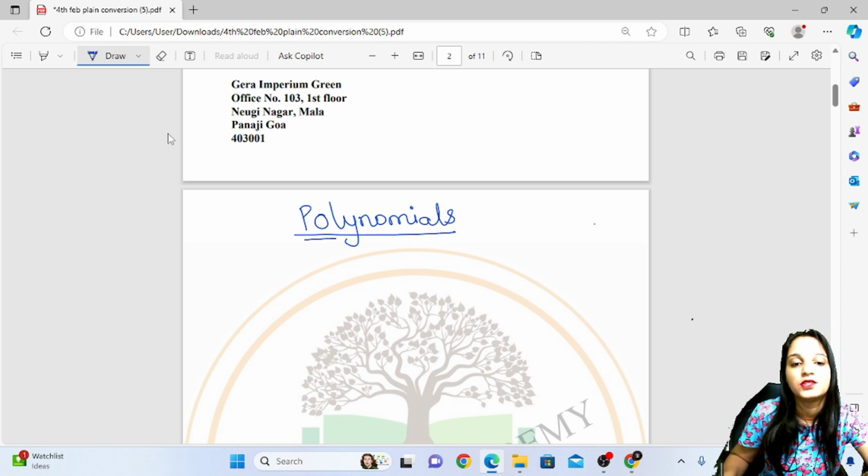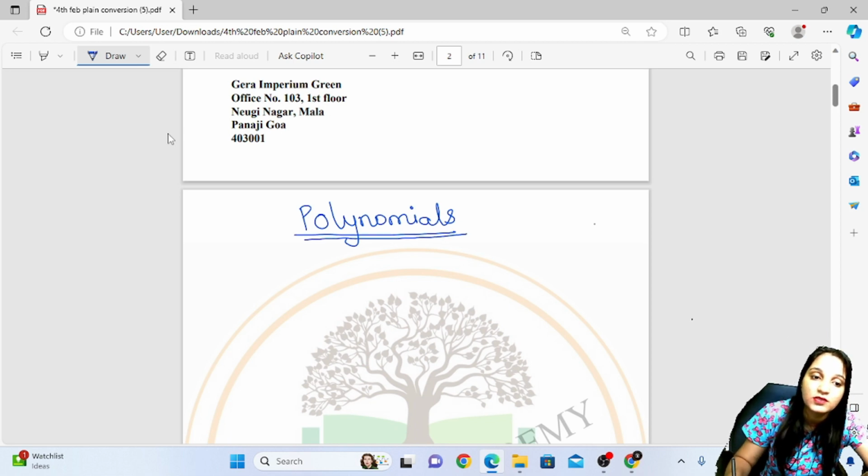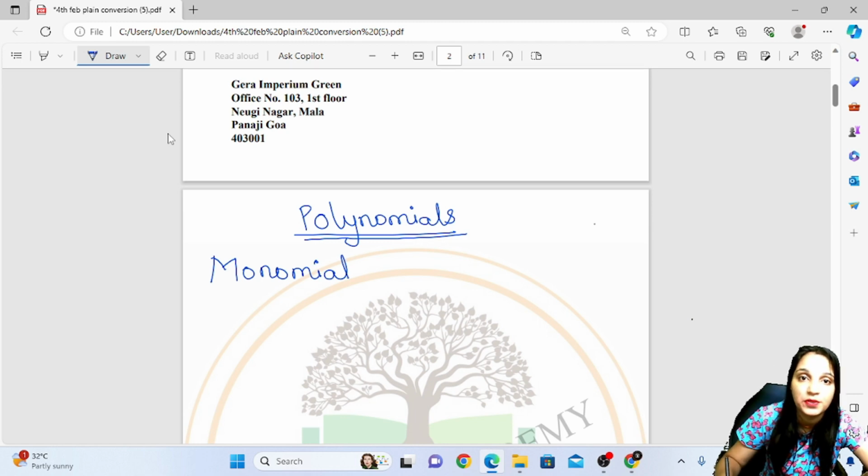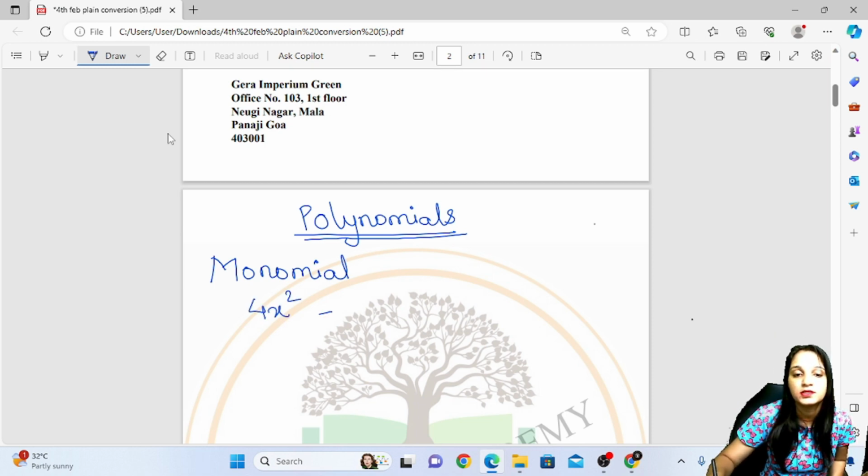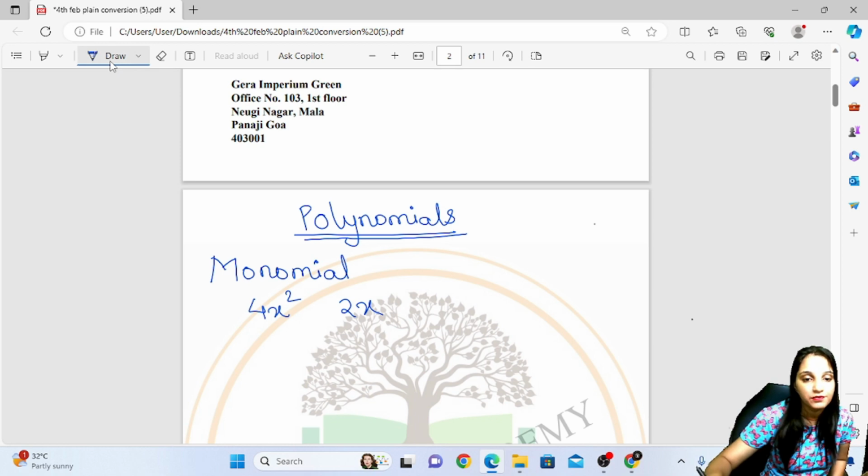Now, first of all, let's see what is monomial. Generally you have terms, algebraic terms. We have learned algebraic expressions in lower standards. There you had terms, 4x square plus 2x. These were the terms. When you generally have only one term, this is called the variable, which varies, which is not constant, and this is called coefficient.